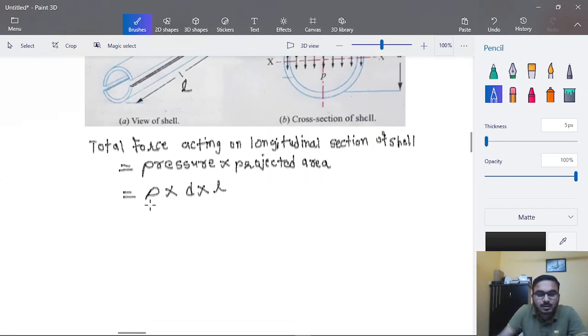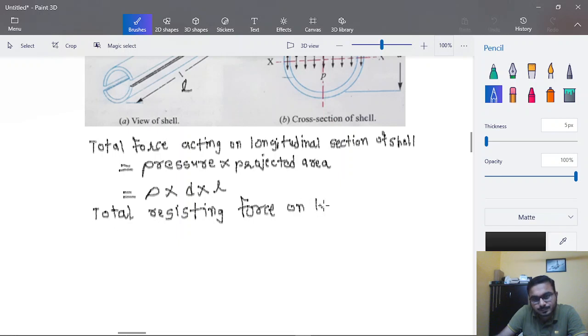So this is the total force. Now there will be some stress which will be generated resisting this force, so that will be the resisting force on the cylindrical wall.